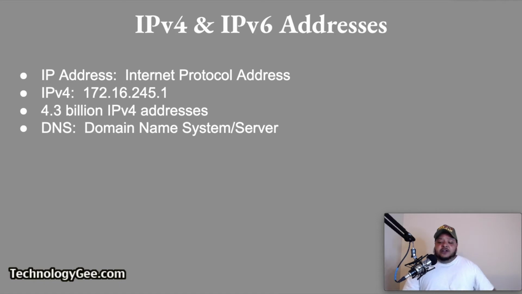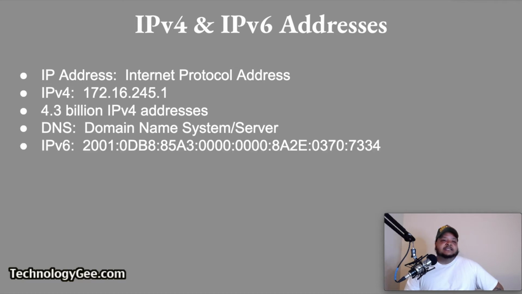So, how did we solve that problem? Well, we came out with a concept called IP version 6. What you're looking at on your screen is an example of an IP version 6 address. Now, can you imagine sitting around every time you wanted to visit a website, you'd have to type this long character string into your URL to visit Facebook, Amazon, or whatever site you're going to?